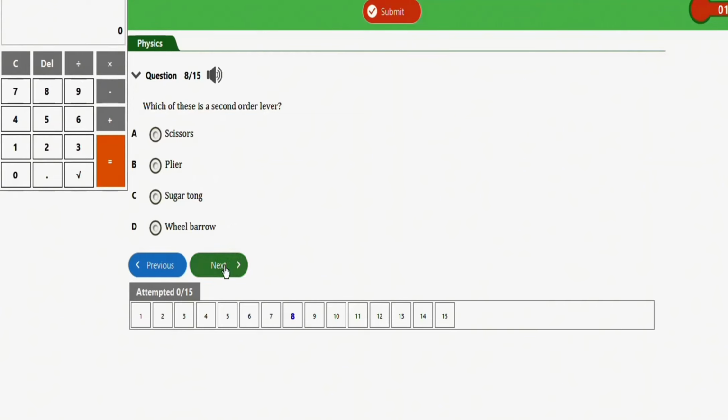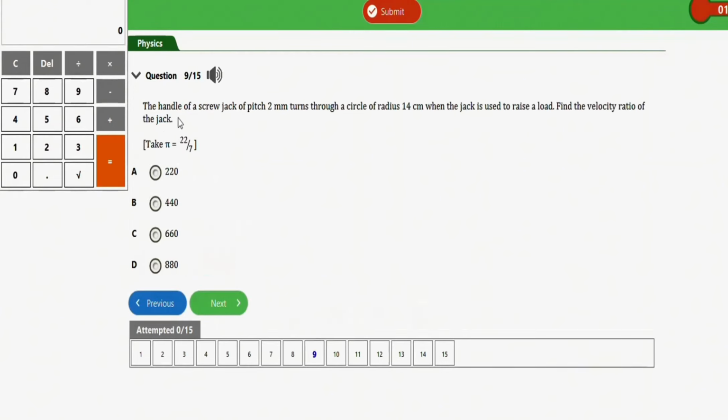The next repeated question says the handle of a screw jack of pitch 2 mm turns through a circle of radius 14 cm. When the jack is used to raise a load, find the velocity ratio of the jack. To find the velocity ratio, what you need is the formula: velocity ratio equals 2πr over p, p being the pitch.